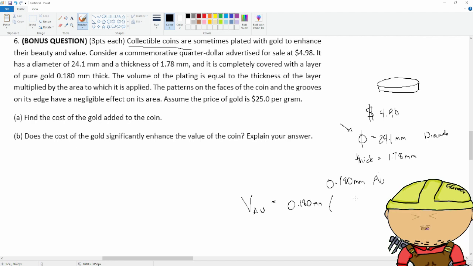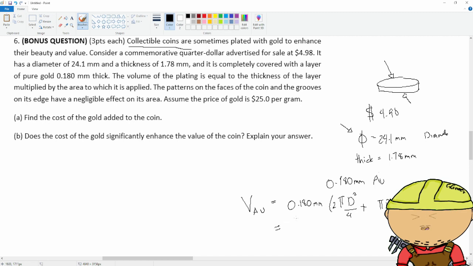It is a cylinder and the area applied is pi d square over 4, or 2 pi d square over 4, because there are two circular bases, the top circular shape and the bottom circular shape, plus the lateral area, which is pi dl, right?